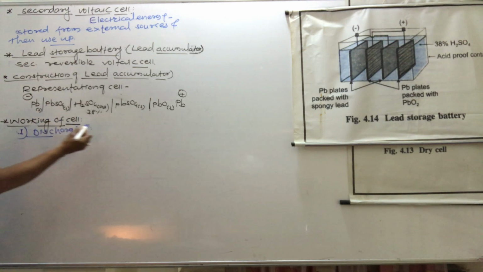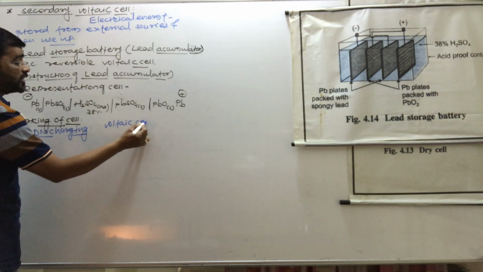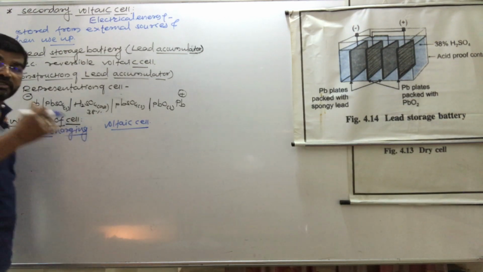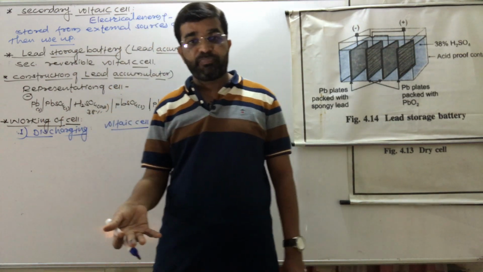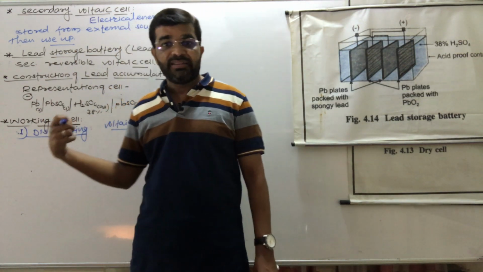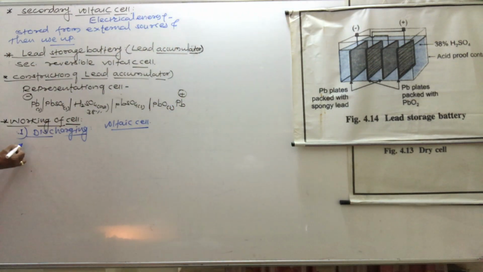When discharging is there, the cell acts as a voltaic cell. When we use that cell, discharging takes place, and during discharging, the reaction at the anode is oxidation.